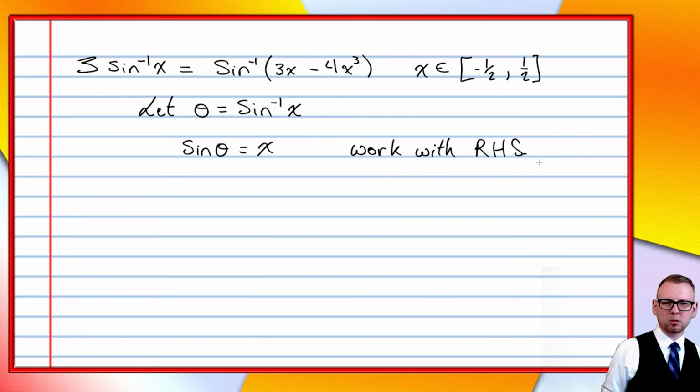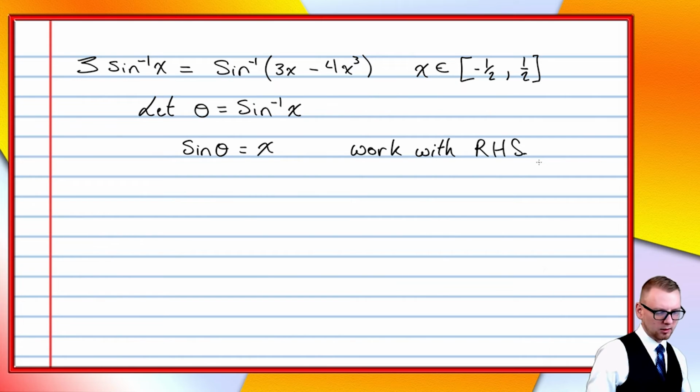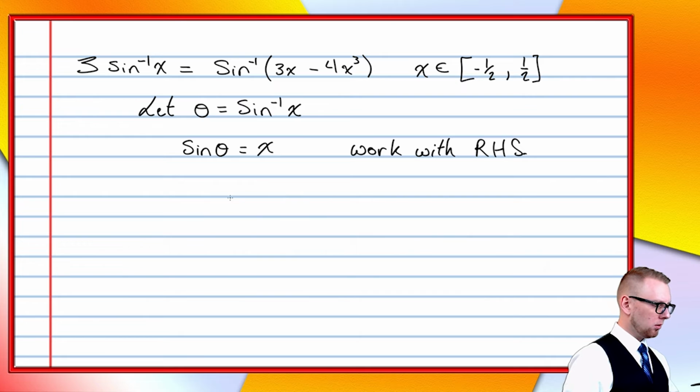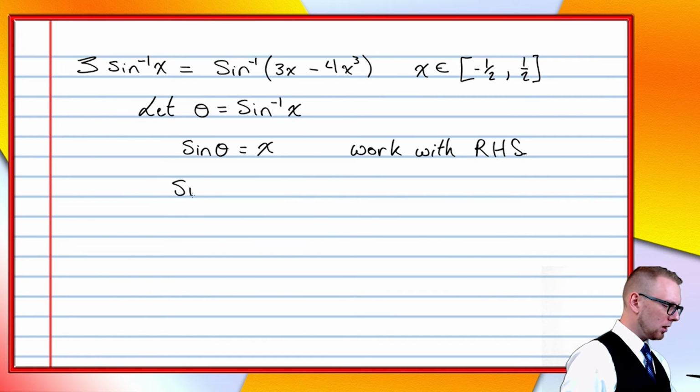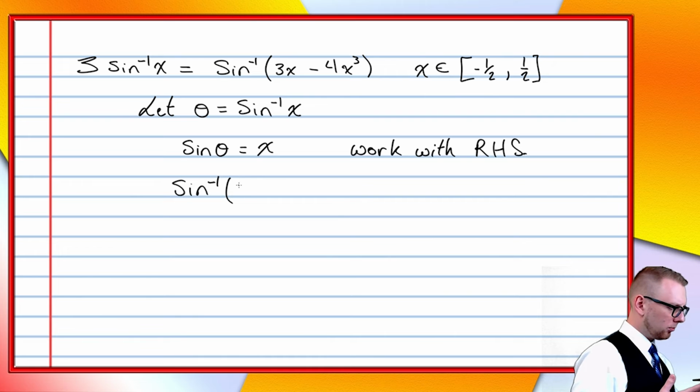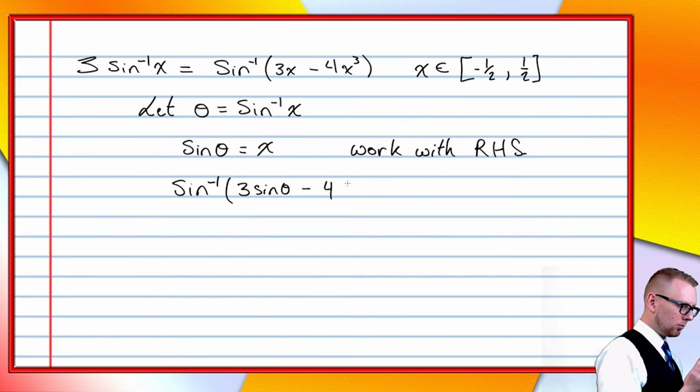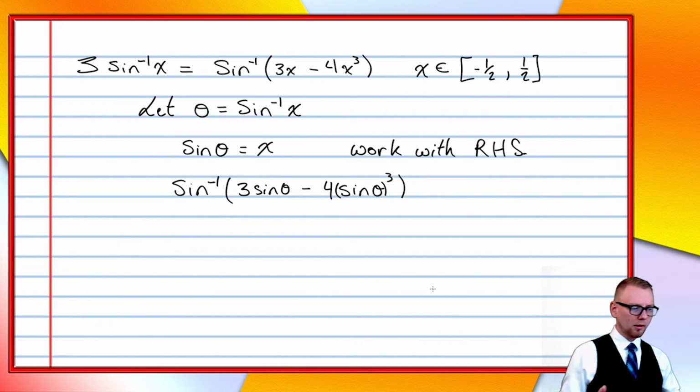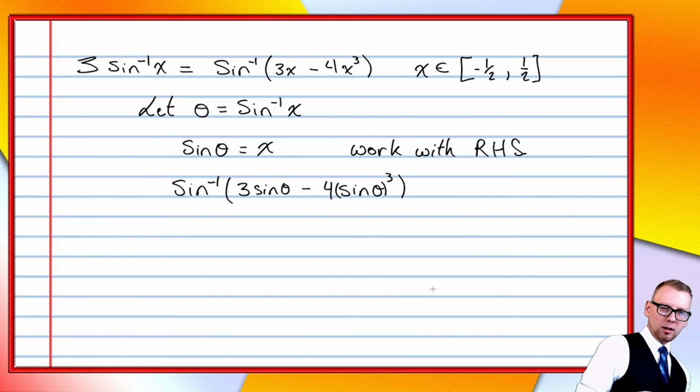Before we were always working with the left, let's work with the right-hand side this time. So then we've got this sine inverse of 3 times x, which would be 3 sine theta, minus 4, well, x cubed is now sine theta cubed. And now we're a little bit stuck.